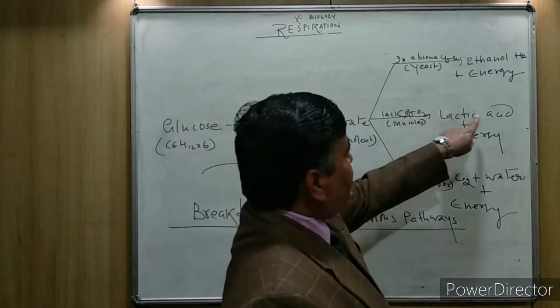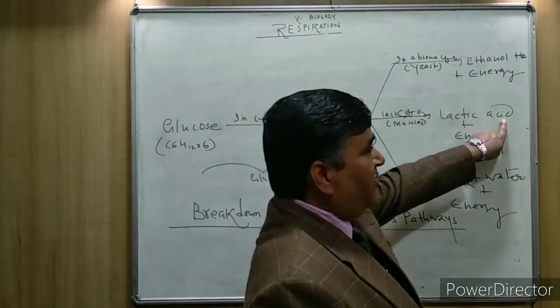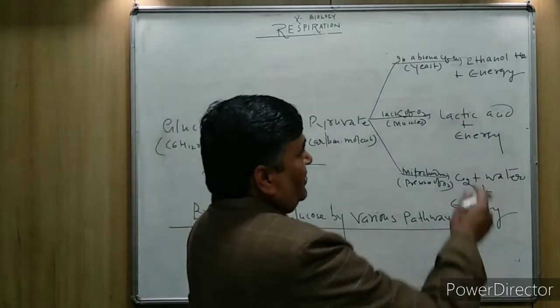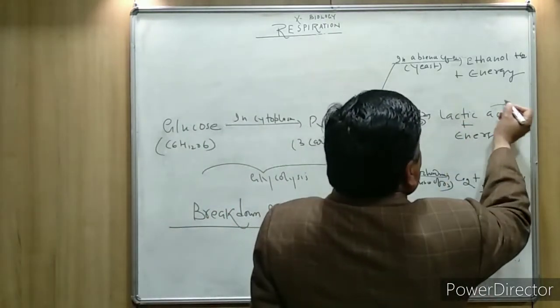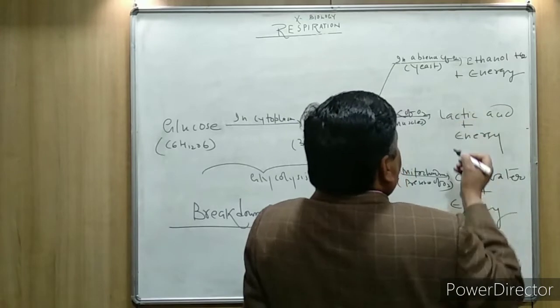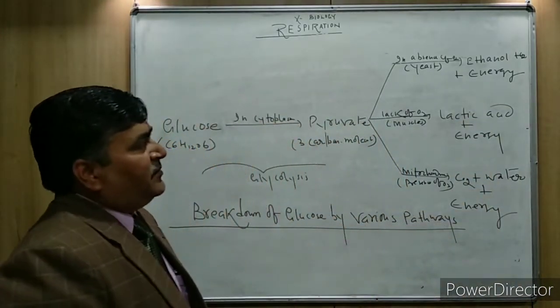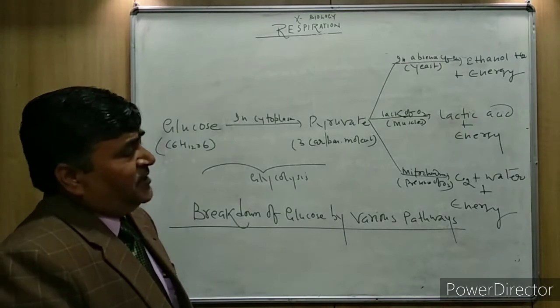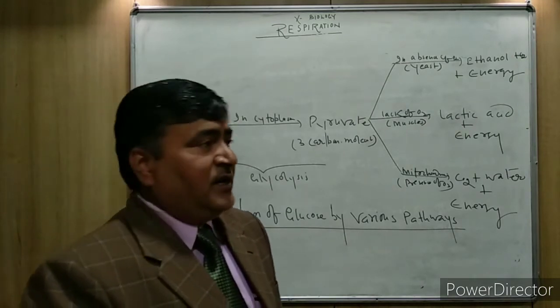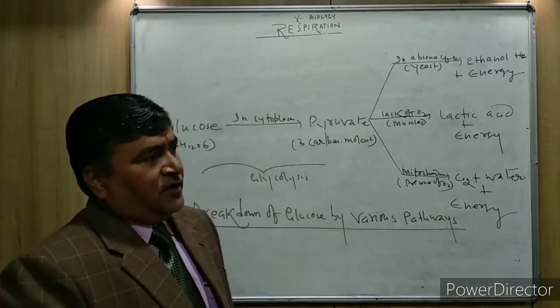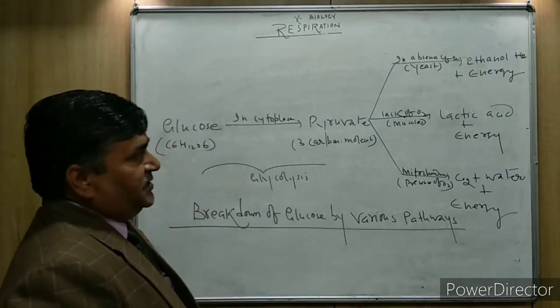And because of this lactic acid, we feel fatigue, we get tired because of the accumulation of the lactic acid in the muscular cell. But after some time, when we relax, the lactic acid is further broken down into the glucose, and glucose gives us energy for doing work.